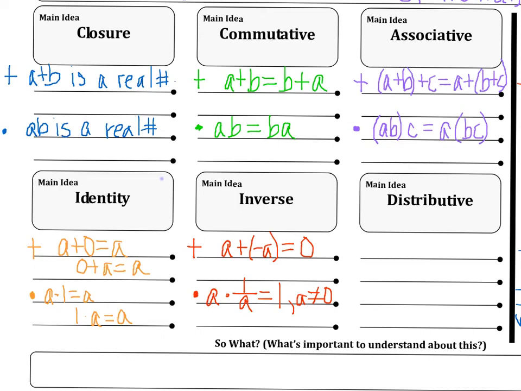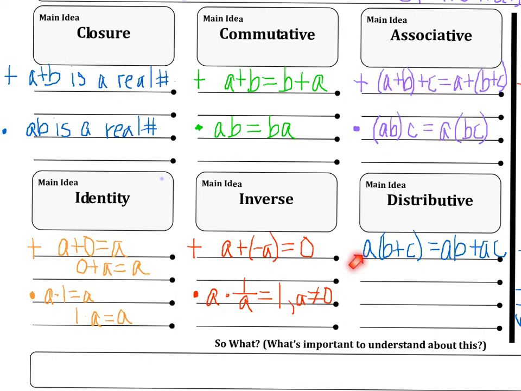And our last one is the distributive property. The distributive property is one I'm sure you've heard of. This tells us a times the quantity (b plus c) equals ab plus ac. So we give the outside to both the inside. I want you to notice this has parentheses and this has parentheses as well.